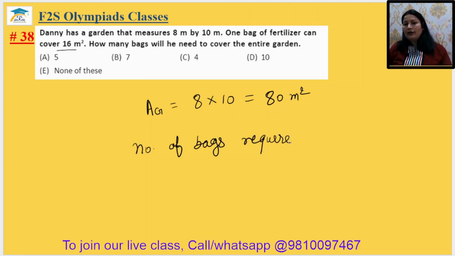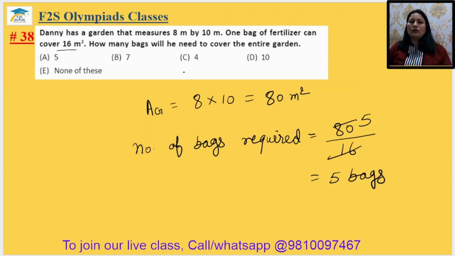How can we find? So total area, that is 80, and the area covered by a single bag, 16. 16 fives are 80, so that is 5 bags. We need 5 fertilizer bags to cover the complete area. That is in the option number A. The 38th answer will be option A.